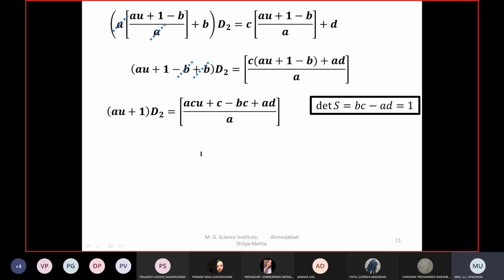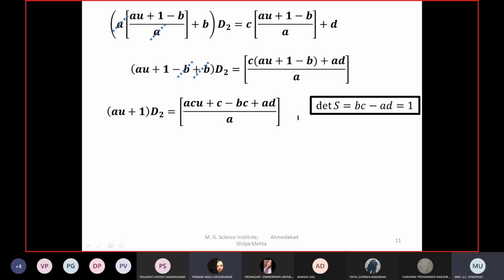Now we know that the determinant s is equal to bc minus ad, and bc minus ad is equal to 1. Here on the right-hand side, the last two terms are minus bc plus ad. What should be its value? We substitute minus 1 instead of minus bc plus ad.